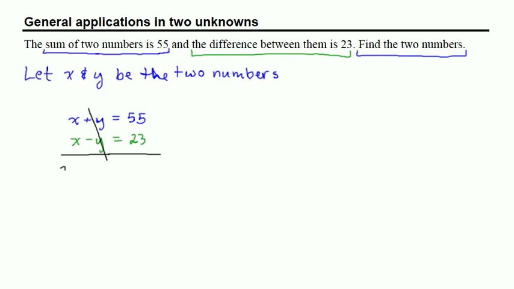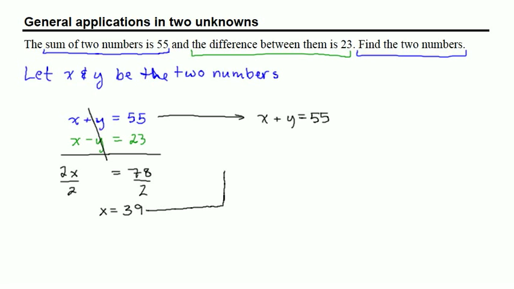That gives us x plus x is 2x, and 55 plus 23 is 78. Dividing both sides by 2 gives me x equals 39. And I can find y either by formally substituting into one of these equations, like the first one, x plus y equals 55, or by just going back to the verbiage of the problem, and given that the sum of the two numbers is 55, maybe I could just figure out that subtracting 39 from 55 would give me the value of y.